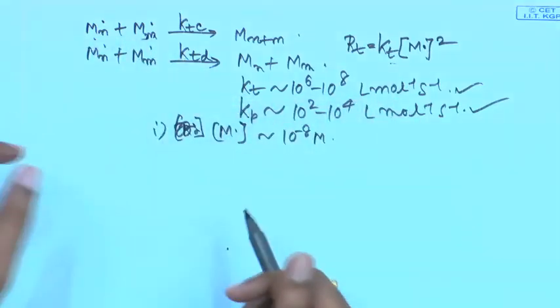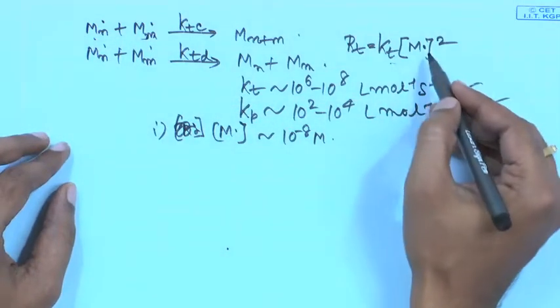But the reason why the propagation happens is because the first thing is that the growing radical concentration is very low, of the order of 10 to the minus 8 molar, because the rate of termination is nothing but the rate constant of termination times M dot square, M dot being the identity of two different radicals which are coming together.